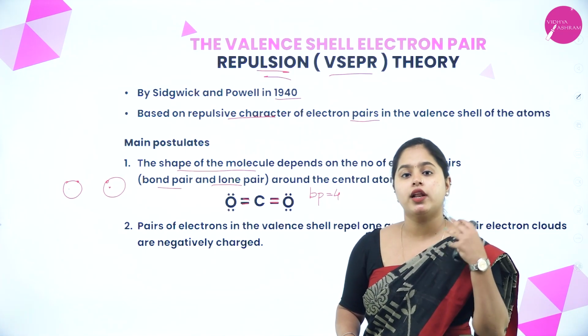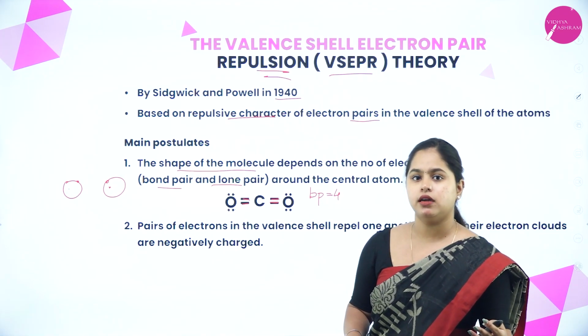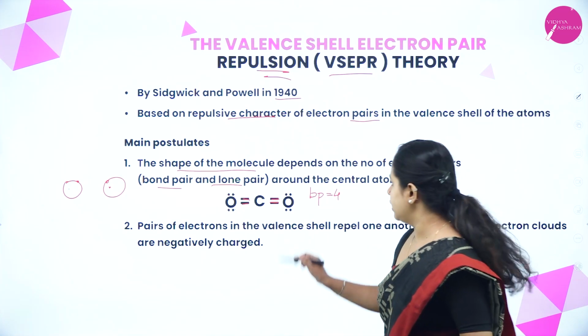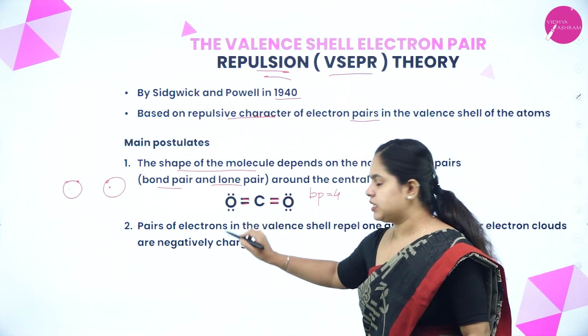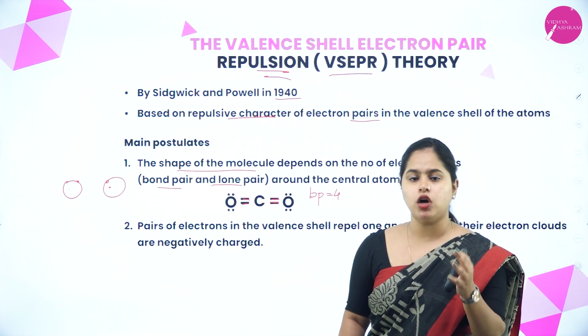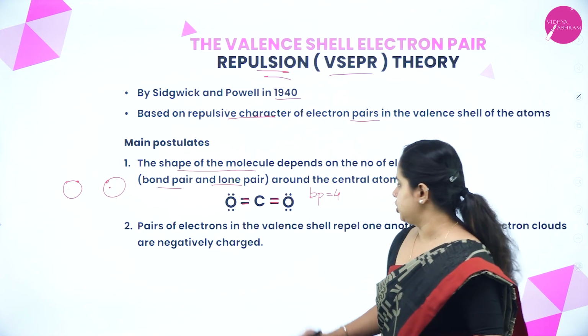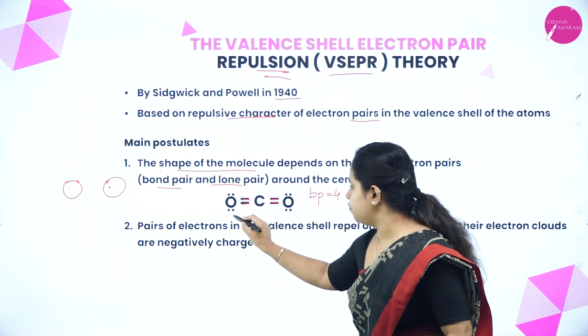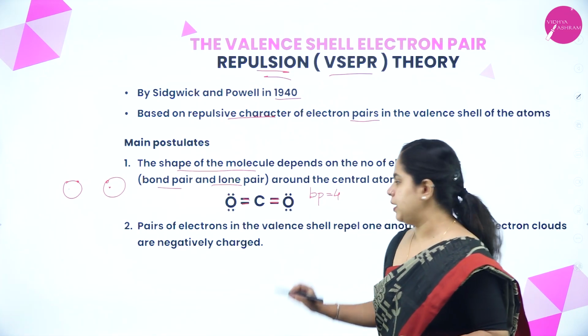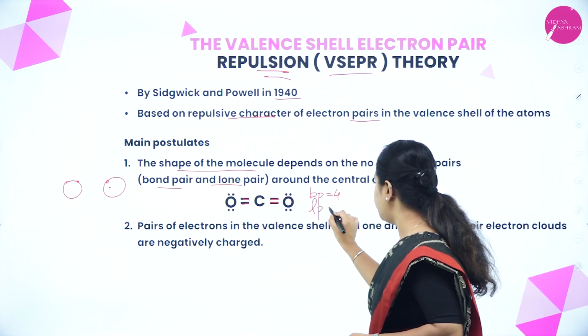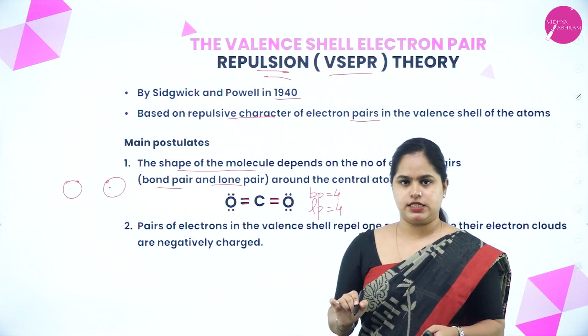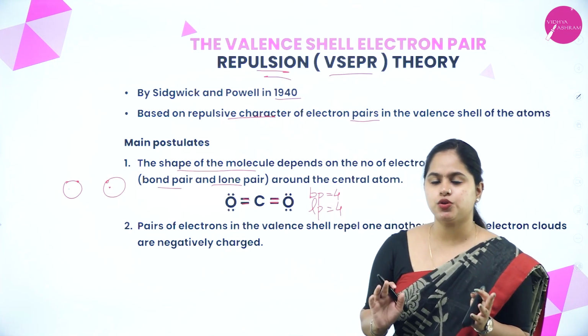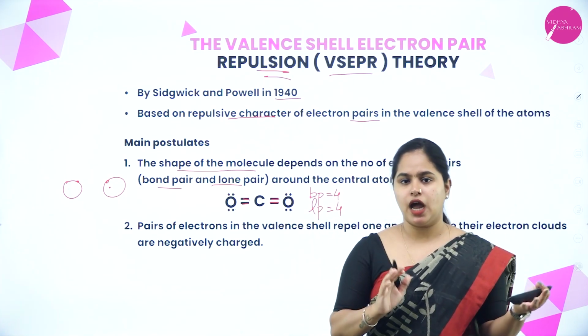Those electrons or electron pairs which are not taking part in chemical bond formation. These electron pairs present on the oxygen atoms are not taking part in chemical bond formation. So 1, 2, 3, 4. A total of 4 bond pairs and 4 lone pairs are present in this case. Clear? I hope you understood the difference between bond pair and lone pair.